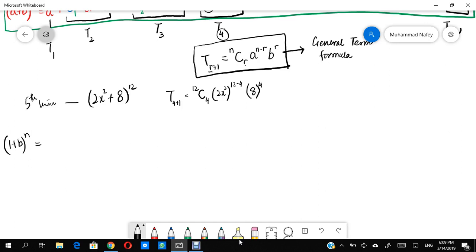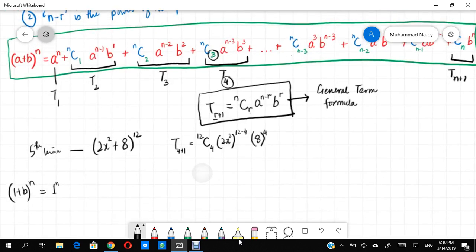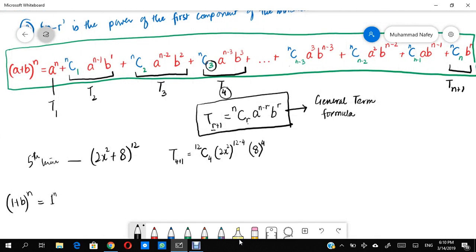The general expansion of this would be 1 to the power of n. I'll keep this here as well so you can take a look at this here. So 1 to the power of n plus nC1 times 1 to the power of n take away 1 b to the power of 1 add nC2 a to the power of, sorry, a is 1 actually, no?